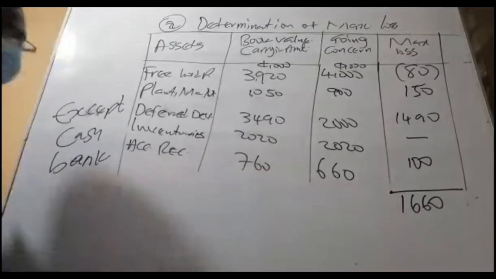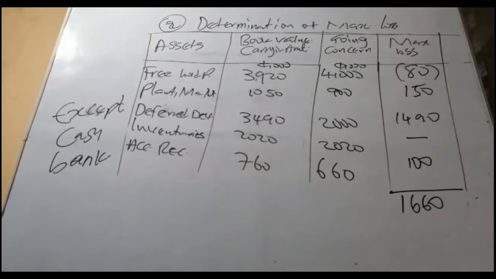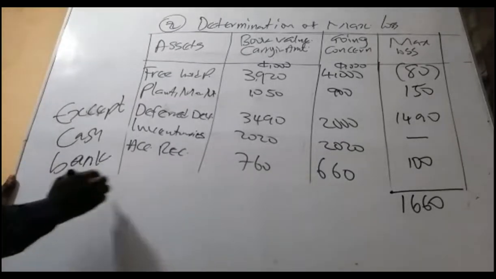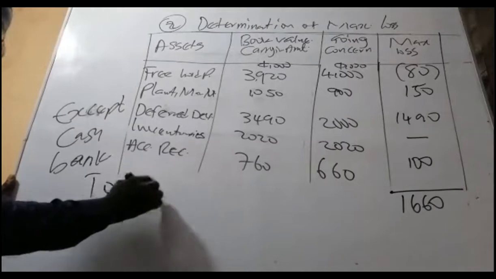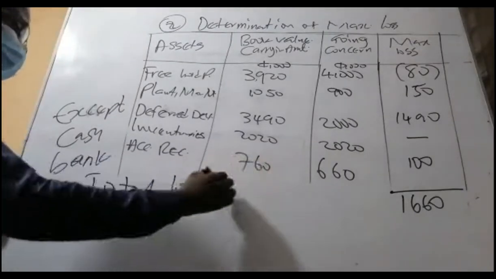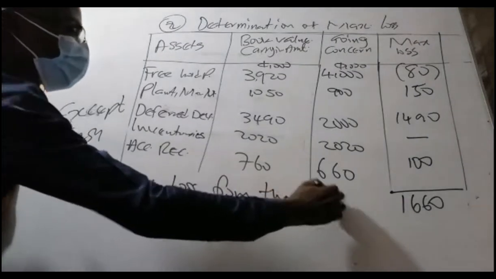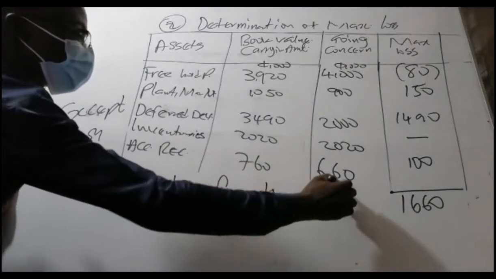So this is the total loss from the assets. But you don't need to name it though. I'm naming it.